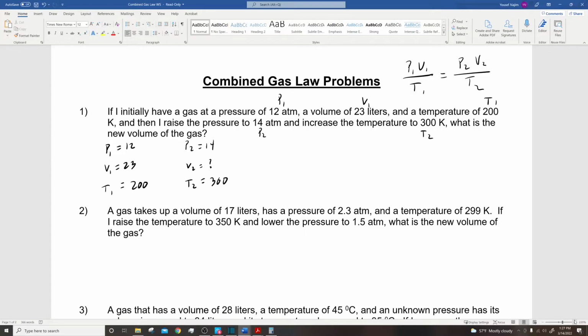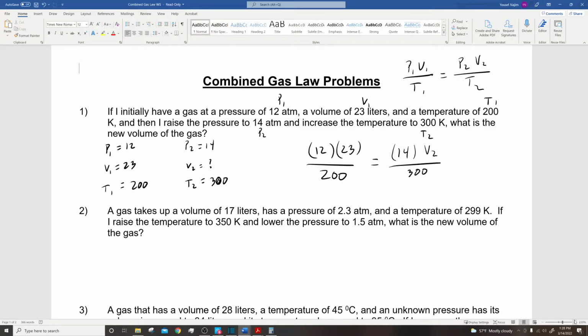This is going to be 12 times 23 over 200 is equal to 14 times V2 over 300. And that's it. We're set up, ready to solve.